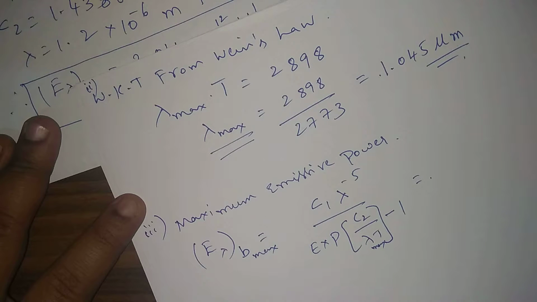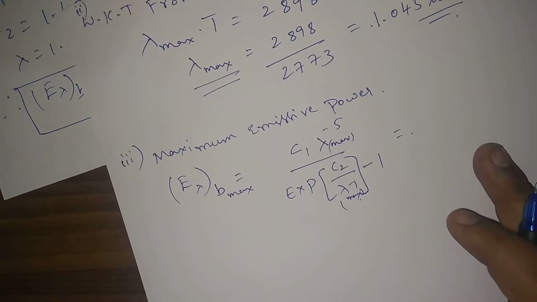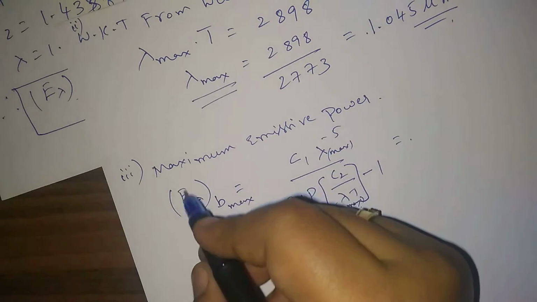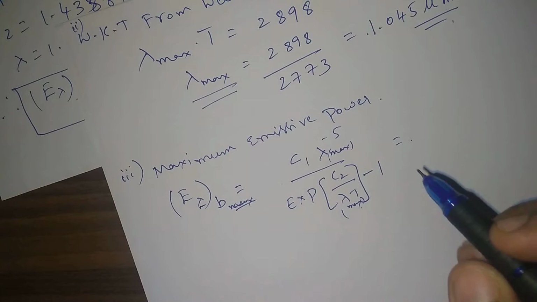So if you try to substitute everything here, you're going to end up with, students, see here, how do we calculate maximum emissive power at lambda max? This is lambda max here.